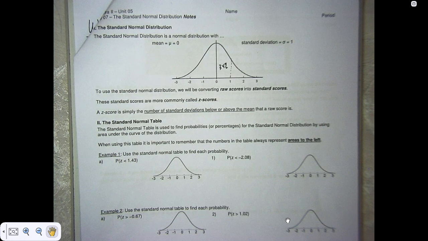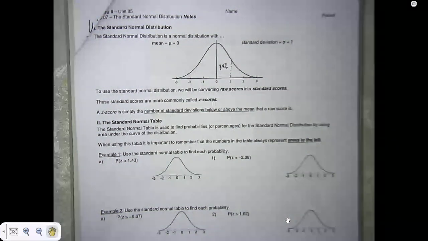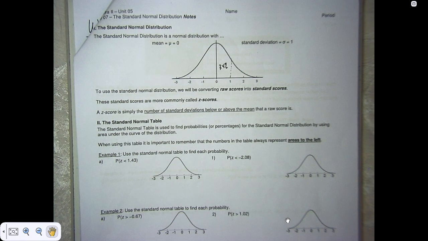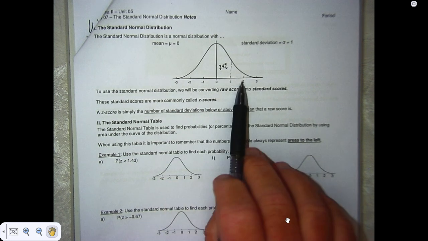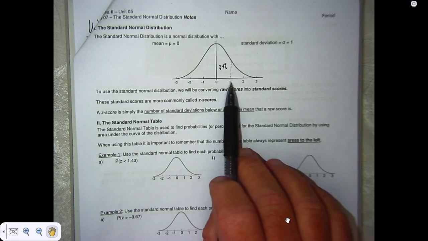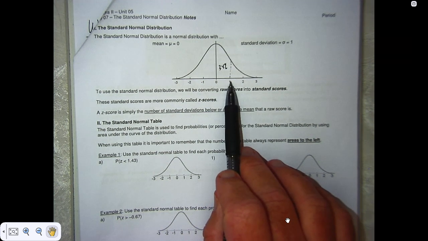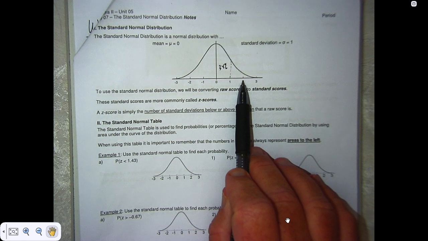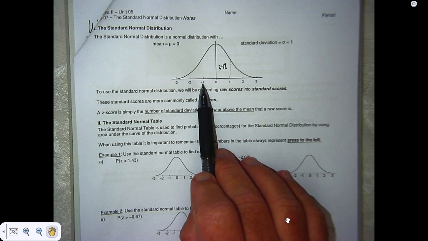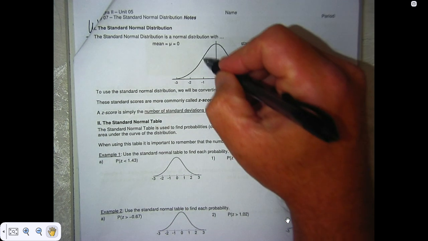What this really is, it shows you a normal distribution, and the numbers on the bottom are the numbers of standard deviations away from the mean. This is one standard deviation above the mean. This would locate 2 standard deviations above the mean. And then this would be 1 standard deviation below the mean. Okay, so the same percentages we just went over in the warm-up are still there.